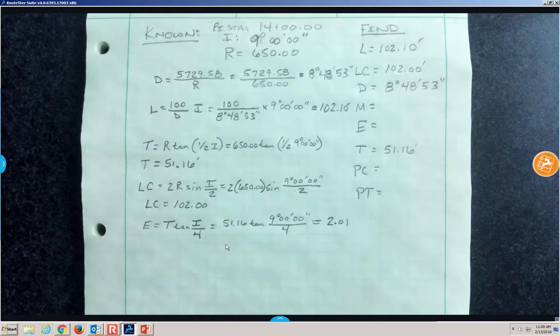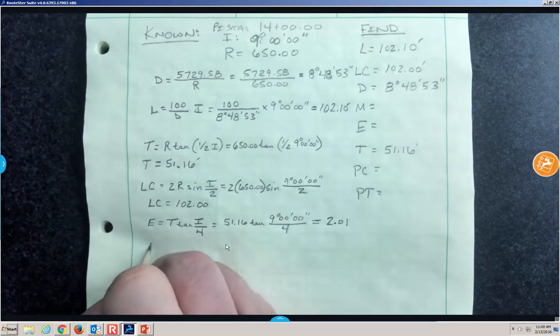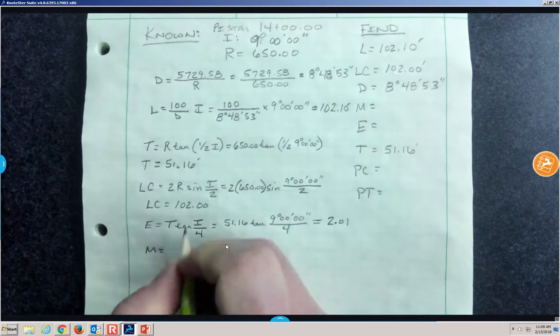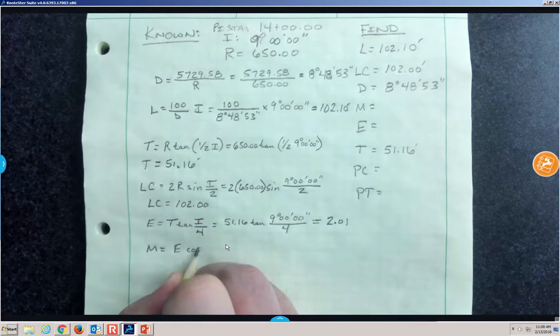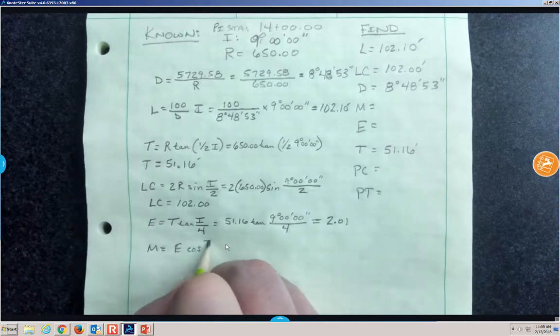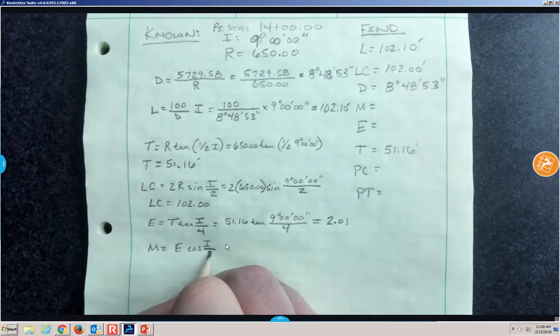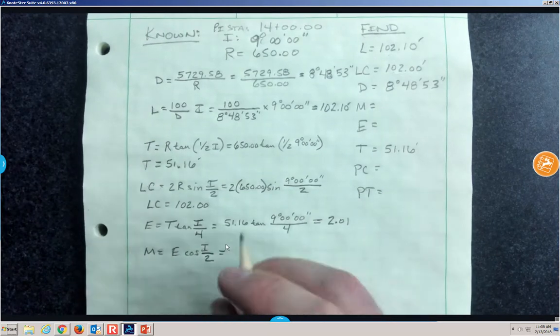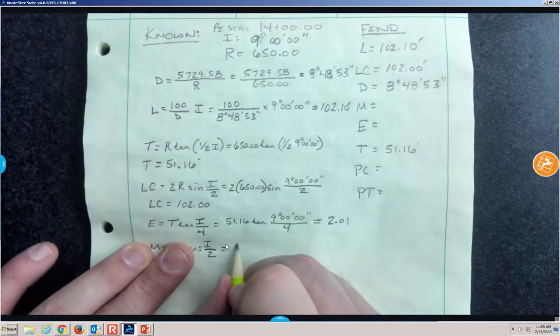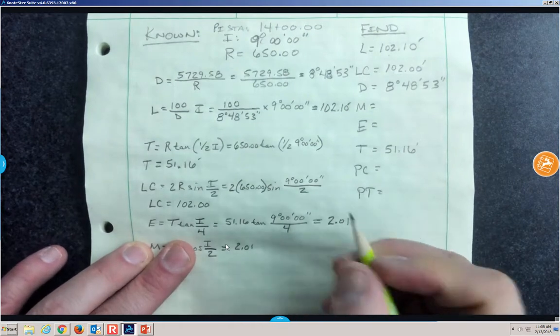Let's solve for M then, the middle ordinate. So M equals E cosine of I over 2. Okay? So we figured out M. Well, I forgot to write it up here.